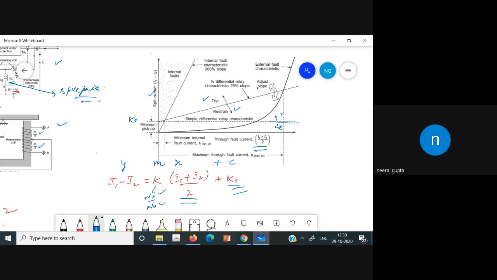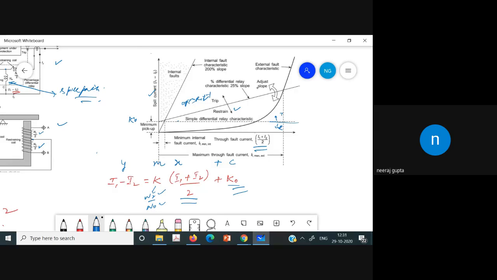All the points above this line are under the trip region. In this case, operating torque is greater than the restraining torque. The points below that line belong to the restraining region.